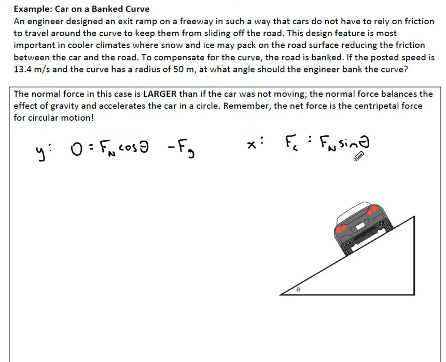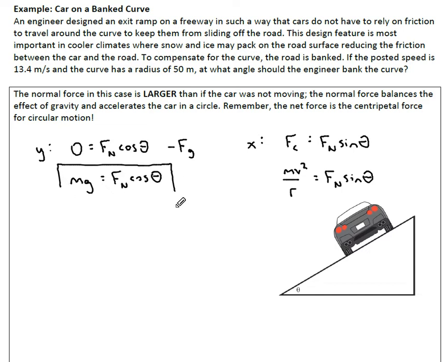Simplifying a bit, Fg is just mass times gravity, so mg equals Fn cos theta. And in the x direction, mv squared over r is equal to Fn sine theta. So we have two equations.